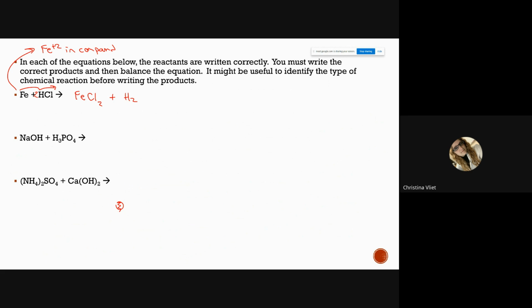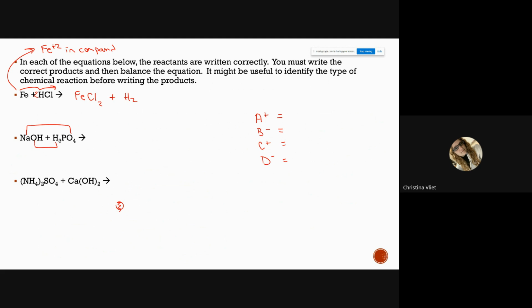Next one, NaOH and H3PO4. Uh-oh. What are the products this time? Is it NaPO4? You may remember that I listed them out like this in the past, where I would identify each ion so that you can make the compounds correctly.